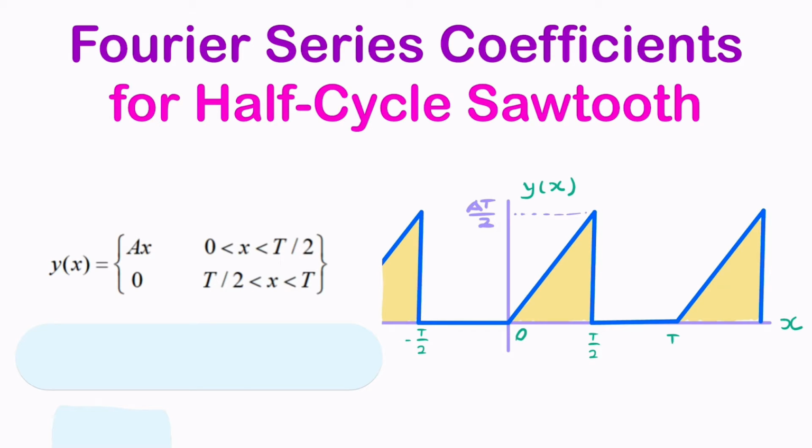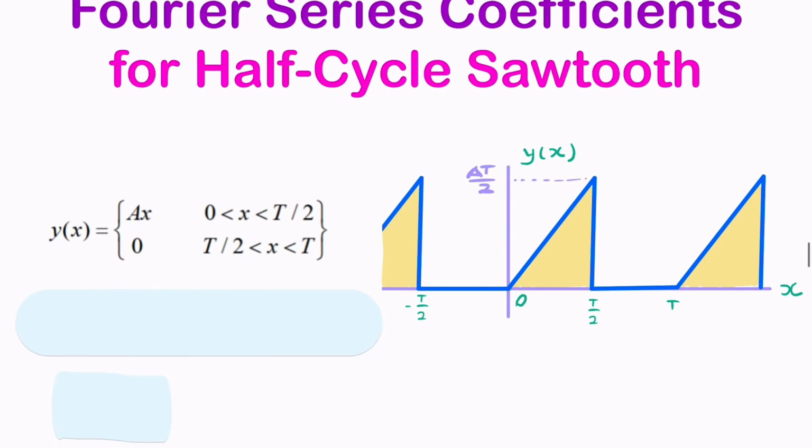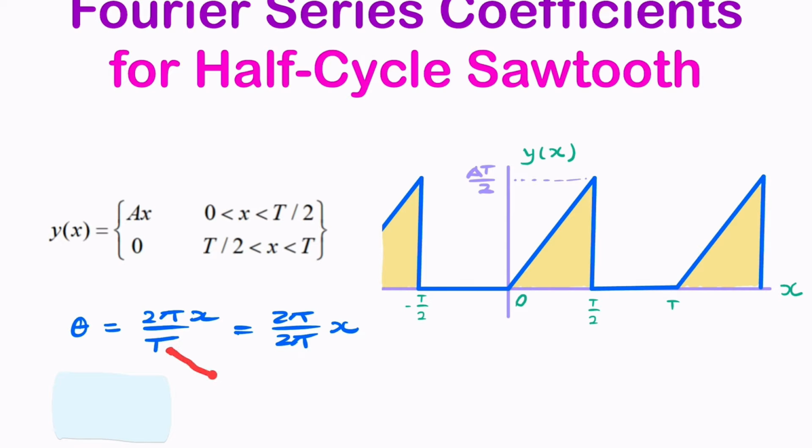Okay, before we start, it's good to rewrite this in terms of theta. So theta is 2 pi x divided by T, where T is the period of the waveform, and here the period is in fact T. So generally for theta we like our waveform to repeat every 2 pi radians.